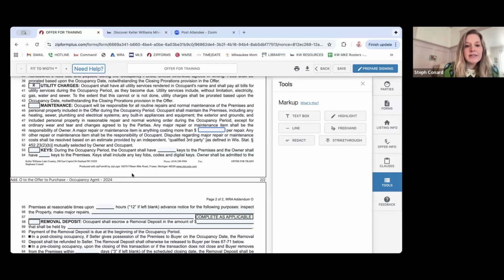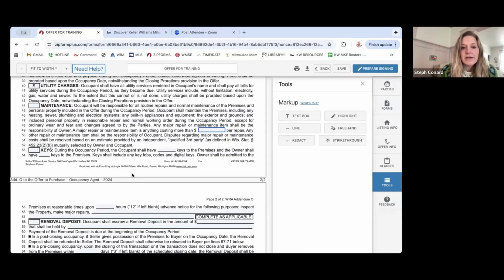So really what we're identifying here is, now the buyer slash owner, they're now responsible for the mechanicals in the home. So this is where we've seen disputes in a post-close occupancy period.